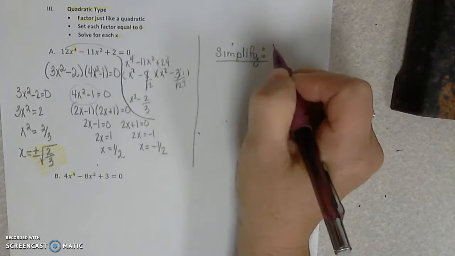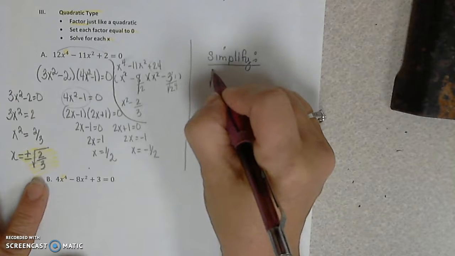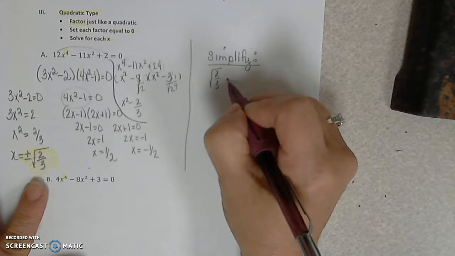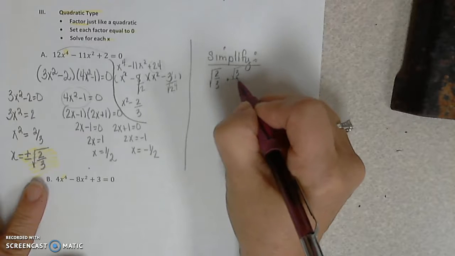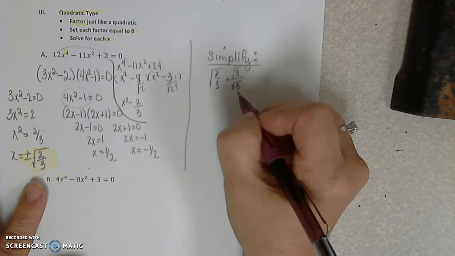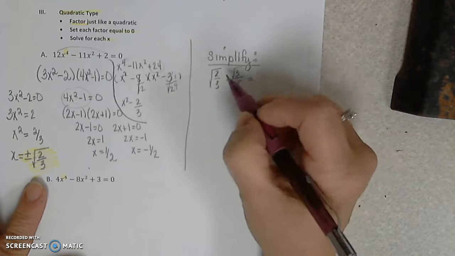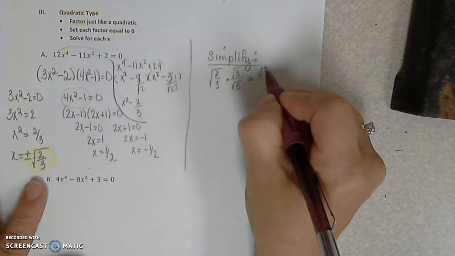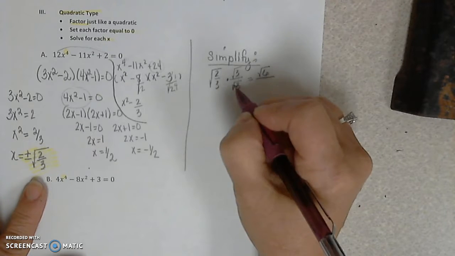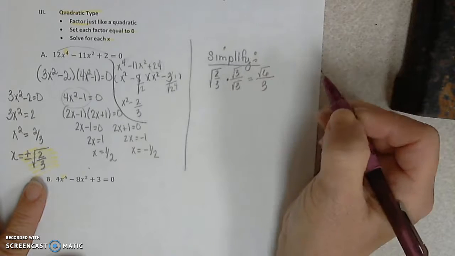We need to do it in lowest terms. So if we have square root of 2/3, we have to rationalize. Take the bottom number, square root 3 over square root 3, because it's really 1. What happens is you've got square root of 6 over square root of 3 times square root of 3, which is square root of 9, which is 3.